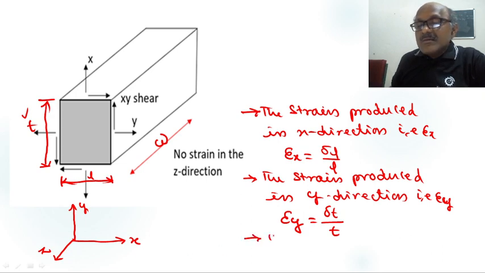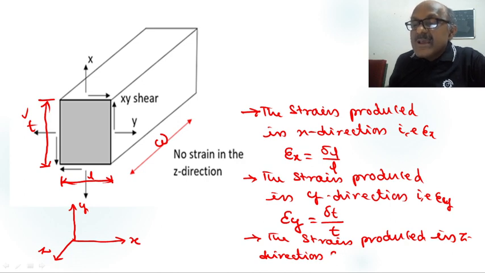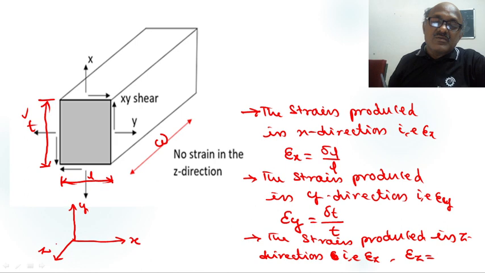Similarly, the strain produced in z direction is represented with the letter epsilon z. So what is epsilon z? In the z direction, that is perpendicular to my screen, that is the width of the member. So what is the strain in this z direction? That is change of width to original width.